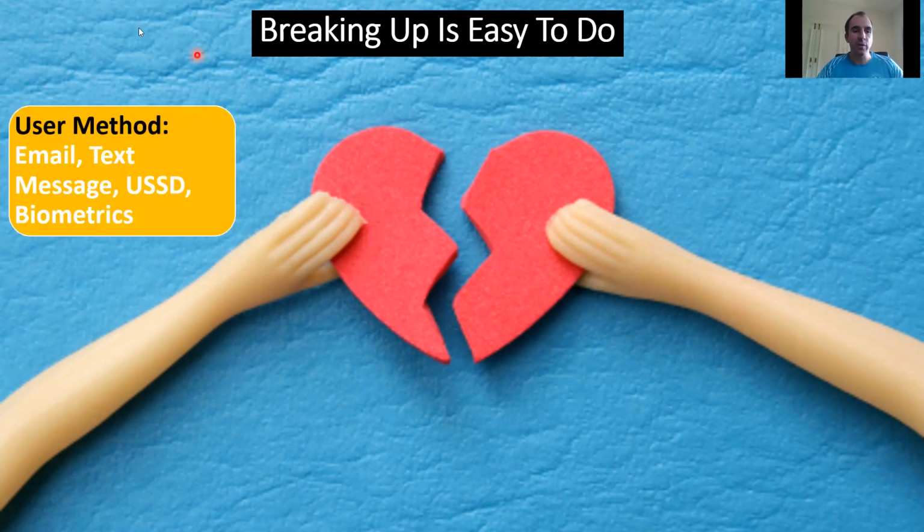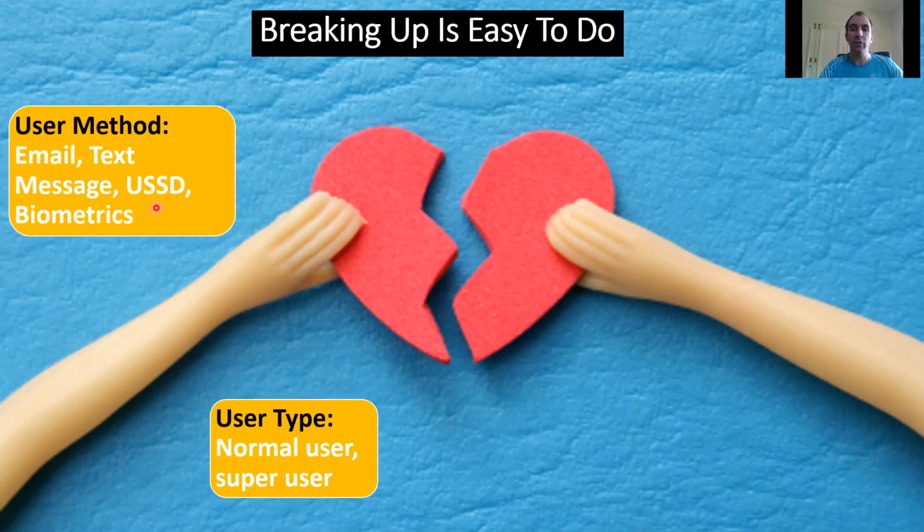So some potential ways we might break this up is by the method. So by email, by SMS text message, USSD, biometrics, there are various other ways as well we could look at offering the password reset service. Also by user type. So we might have a system where we've got normal users and we've got super users who've got administrative rights who maybe can approve billions of dollars worth of payments.